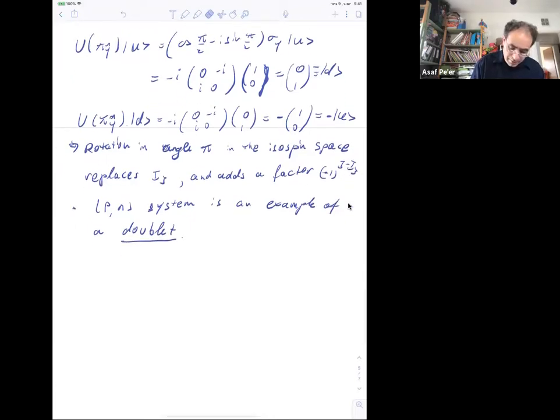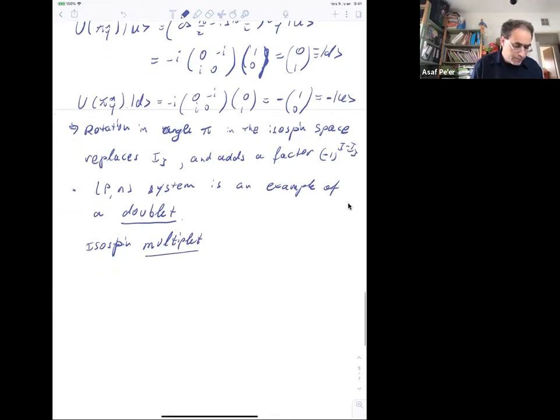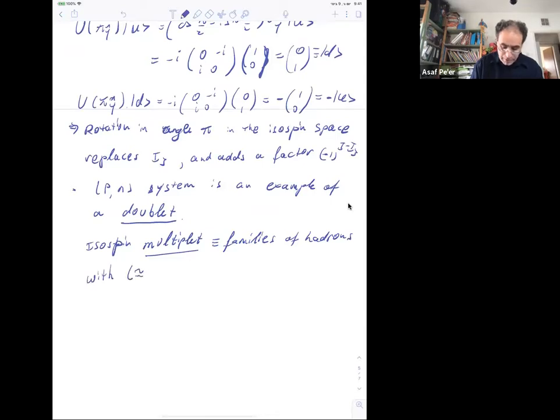So, isospin multiplet: the families of hadrons with approximately equal masses.